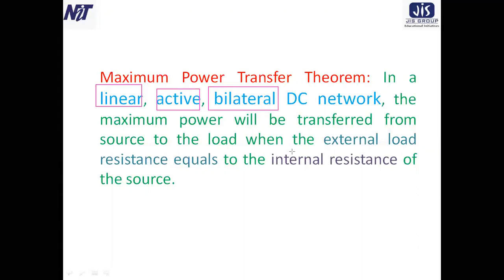So this property is called bilateral. Then active means the circuit should be energized. That means there should be some voltage source and current source. And linear means it will follow some particular rules. So here we are considering a DC network. So these three terms are important.